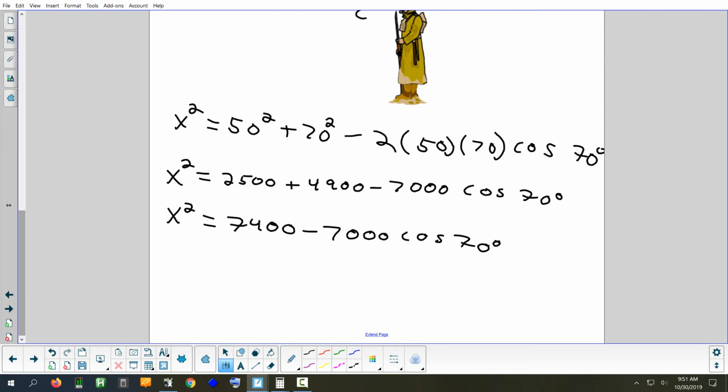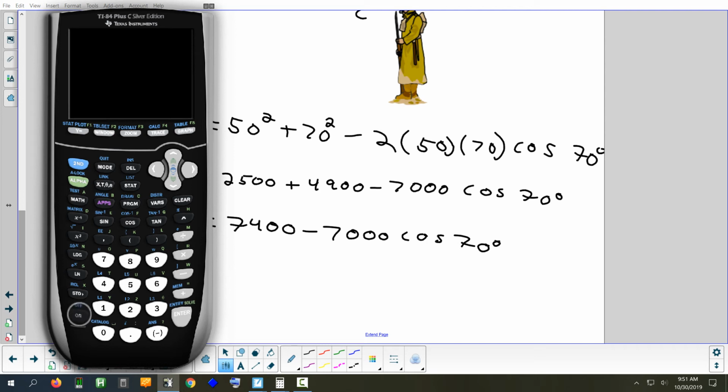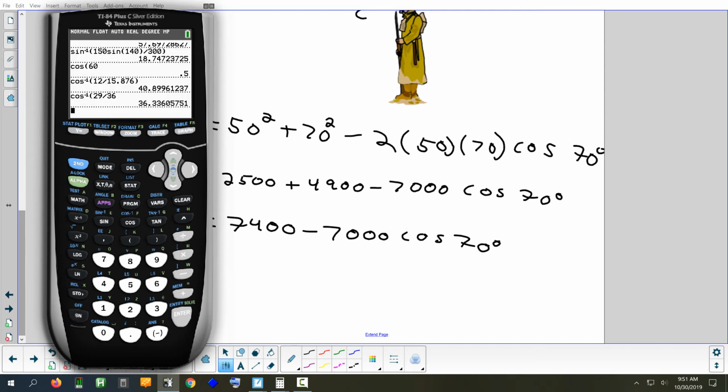Now, 2 things here, subtraction, multiplication. Which one should I do first? Multiplication. Okay, so remember, PEMDAS, you always do your multiplication first. So let's do 7,000 times cosine 70. We get 2,394.1.